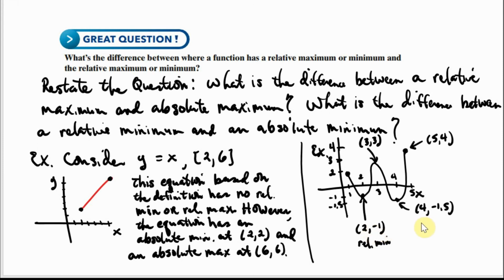This is a relative minimum. This point here is a relative maximum, and then this guy here is an absolute max.